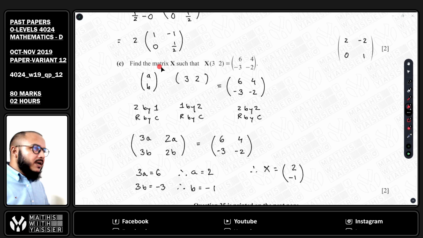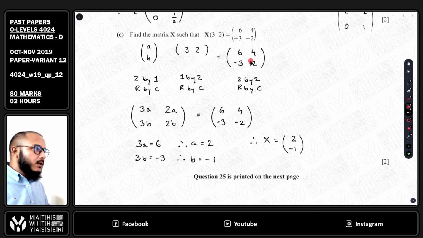Then it says find the matrix X such that X times (3 2) is equal to (6 -3; 4 -2). For this, I'm considering X to be (A, B). The reason why I got this is because first you need to look into the row-column pattern.